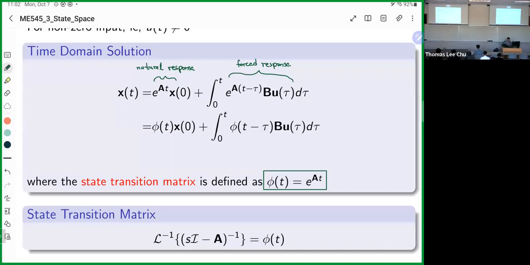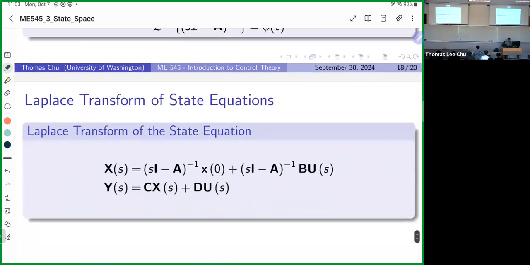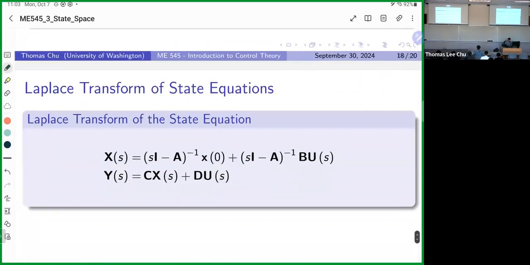So this is the full solution. And basically where we get our state space to transfer function equation is by taking the Laplace transform of x dot is equal to ax plus bu.